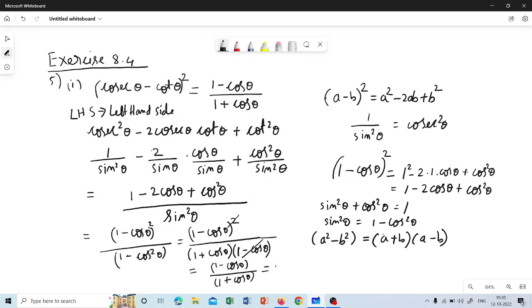So this is equal to the RHS, the right hand side. So we have completed this problem.